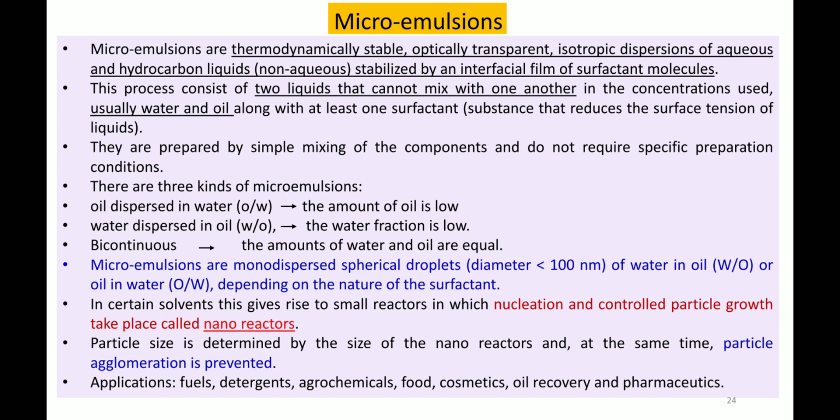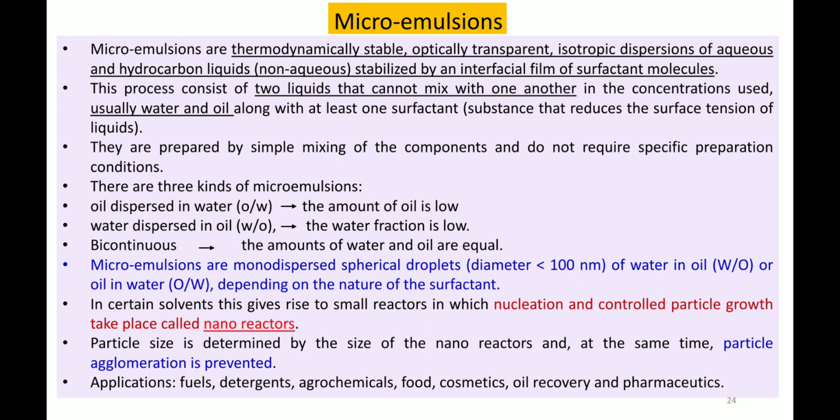Because they are two different types of solutions, they are immiscible in each other. The reason is the surface tension between the oil and water is very high. So even if you find they have mixed together for the time being, after some time you will realize that they have separated from each other. The reason is the surface tension is very high.